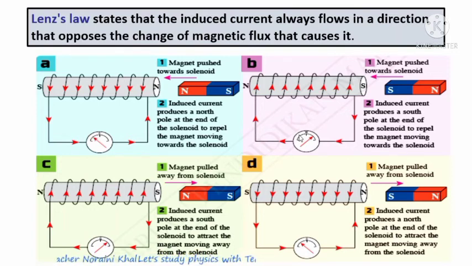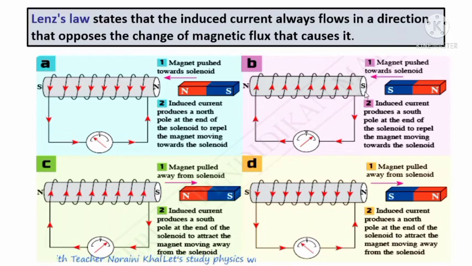Look at B. Let's say south pole of bar magnet moves towards the solenoid. Induced current produces a south pole at end of the solenoid to repel the magnet moving towards the solenoid. Moving towards, it will become same pole to oppose the effect.